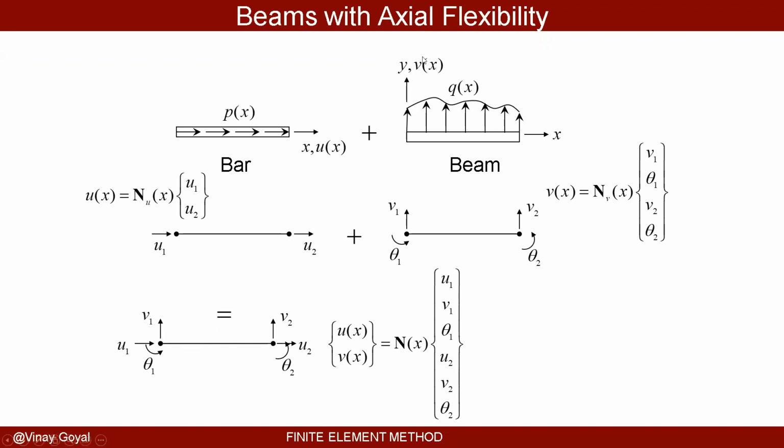So if I now use V as a variable of interest for this beam, and U is the axial deflection, I think everybody can agree that I can approximate the solutions U tilde, V tilde equals M bold times this column of unknowns. Now I have 3 unknowns per node, U1, V1, and theta 1. And for the second node, I have U2, V2, and theta 2. But that is beautiful because I'm able to now turn the problem into a beam that can take axial flexibility. And that's very exciting.